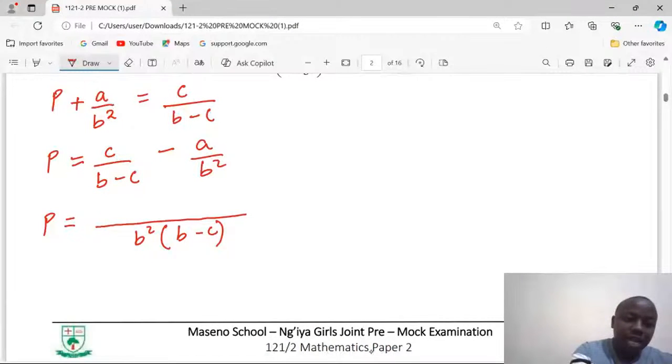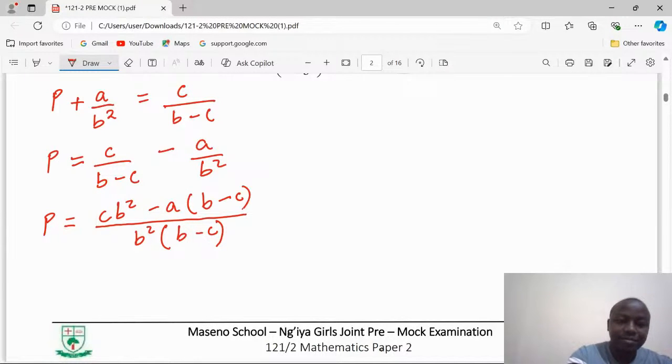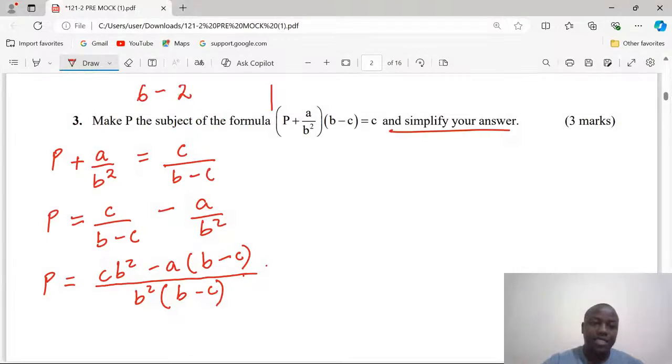So we shall have C, then B squared minus A, into, we divide again the LCM by the second denominator, which is B squared, and we shall remain with B minus C. So this is the simplified form of such a formula. So that is the value of P.